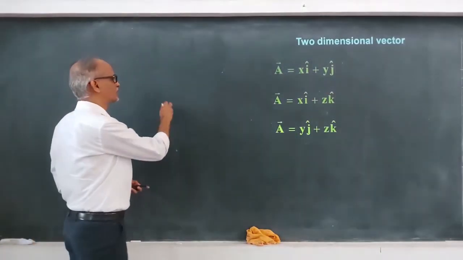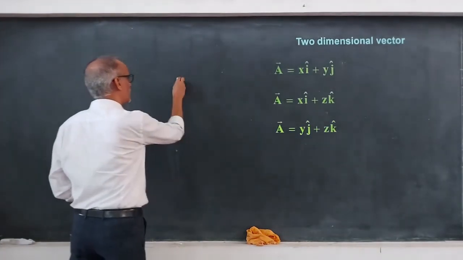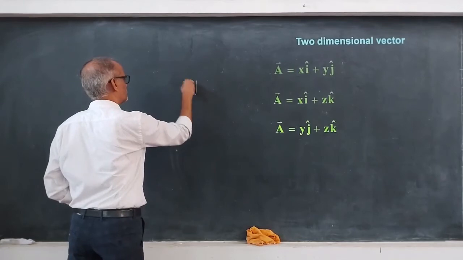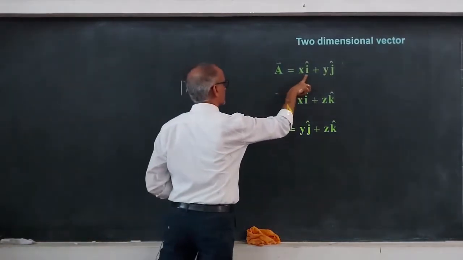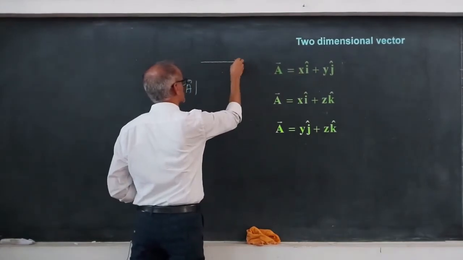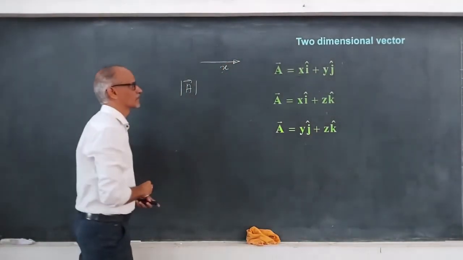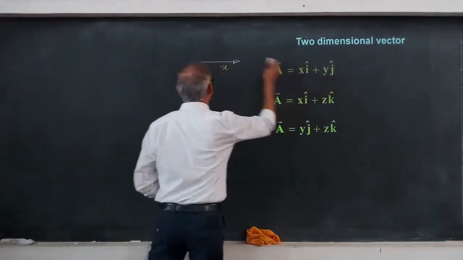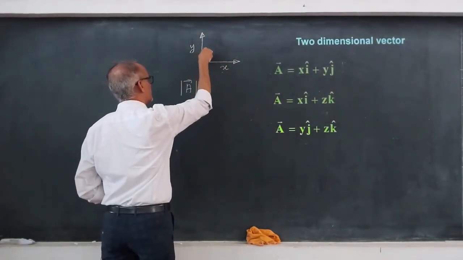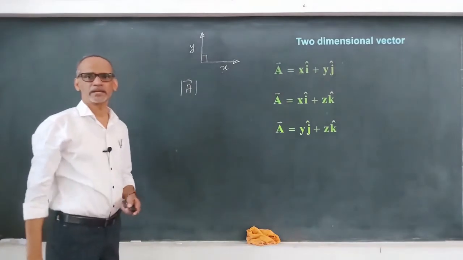Now what is the magnitude of vector A? See, this value is along the x axis, and this magnitude will be along the y axis. What is the angle between the two? 90 degrees.